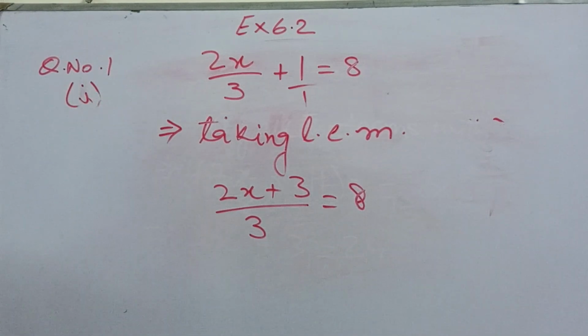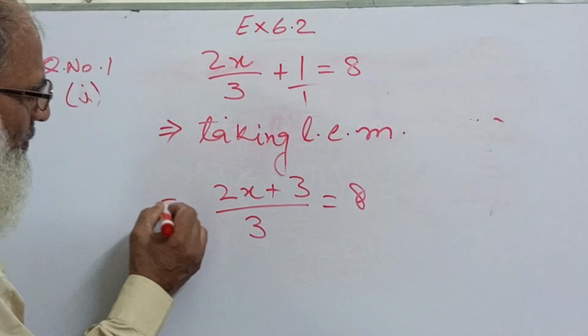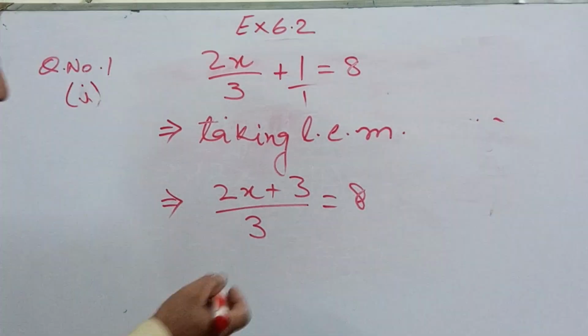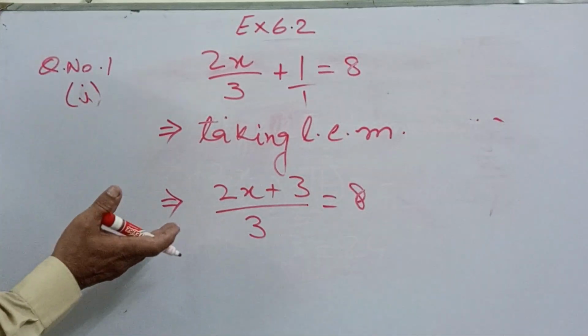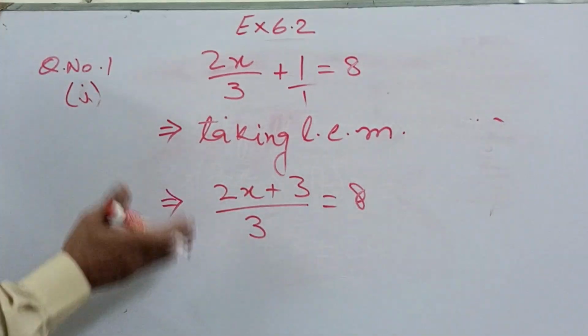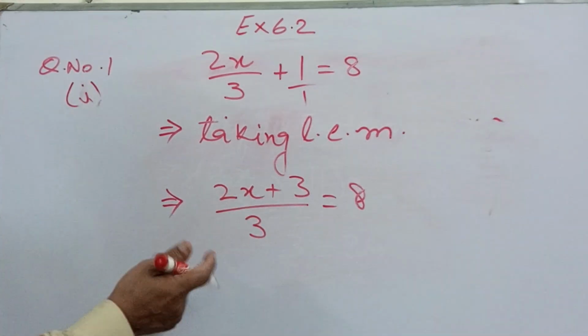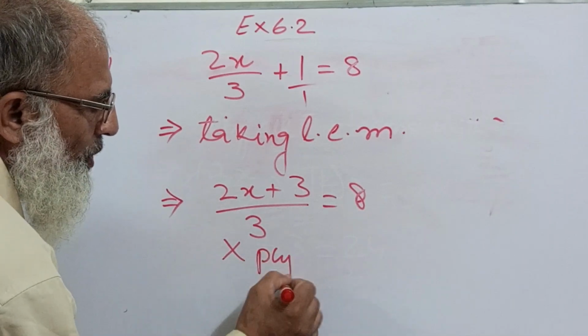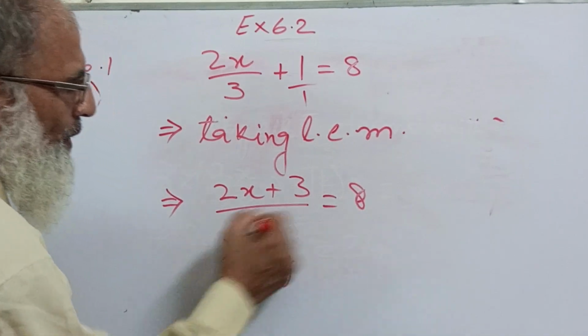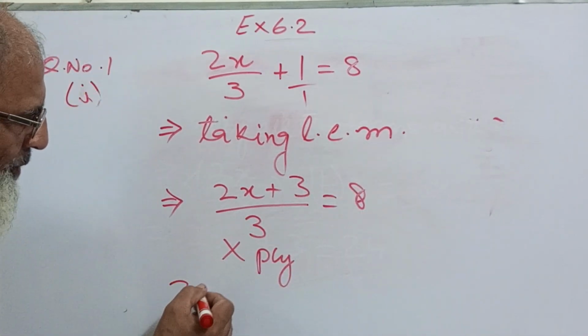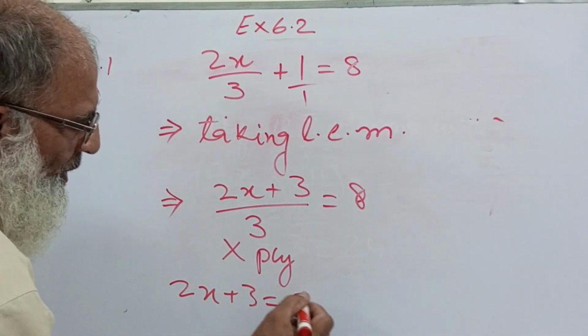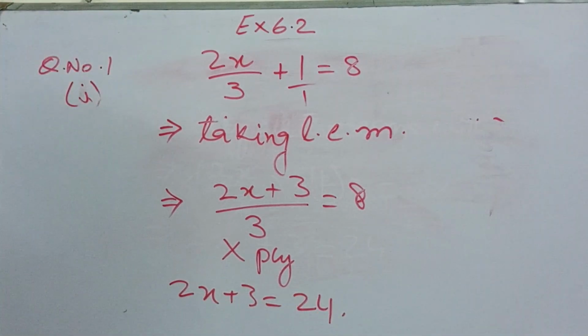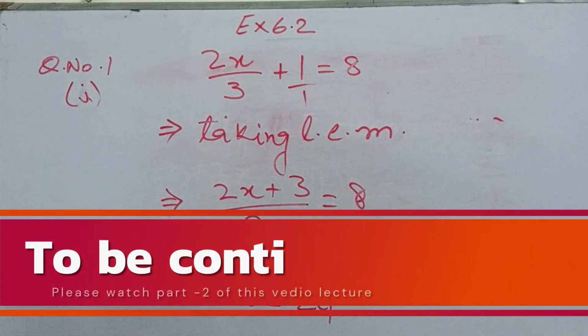You'll see that the same equation will appear before you. So this is the LCM taken, and after that you can also cross multiply. Now cross multiplying again will give 2x plus 3 is equal to 24. Now you see that the same answer has appeared before you.